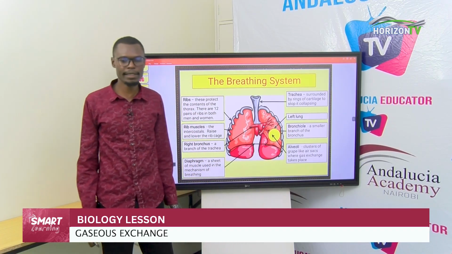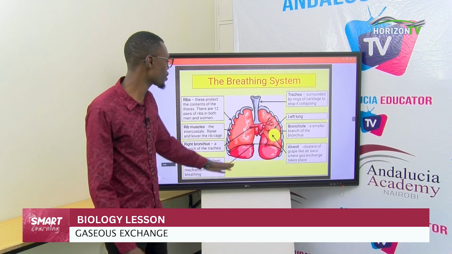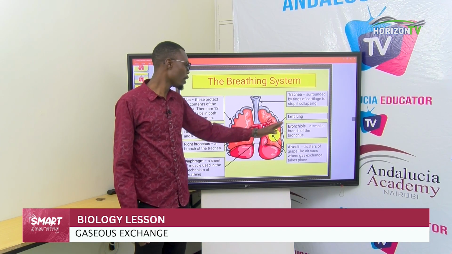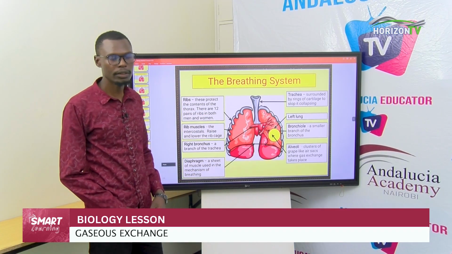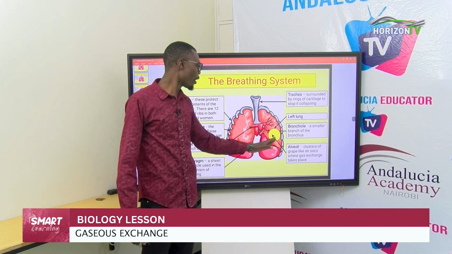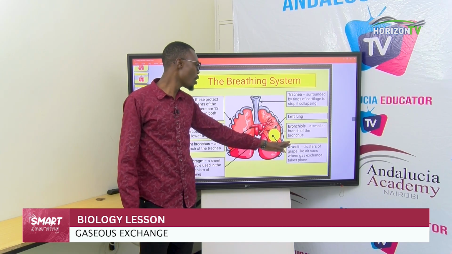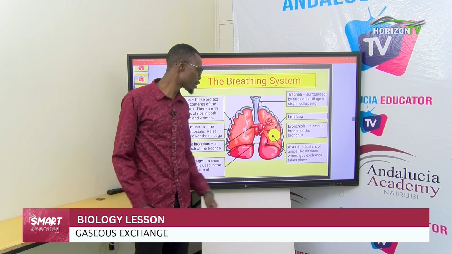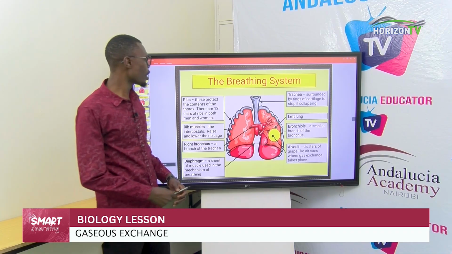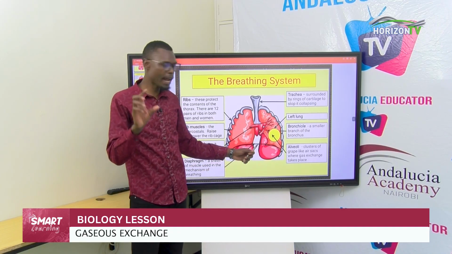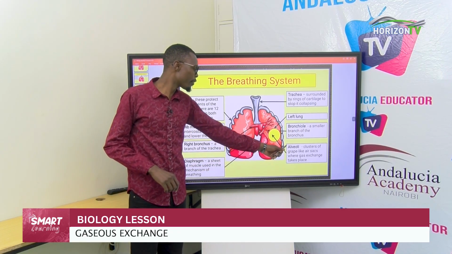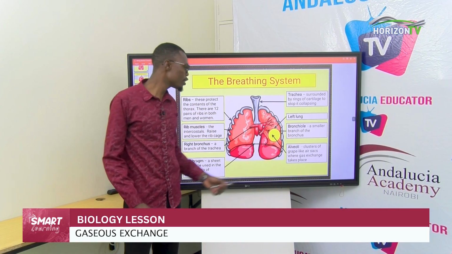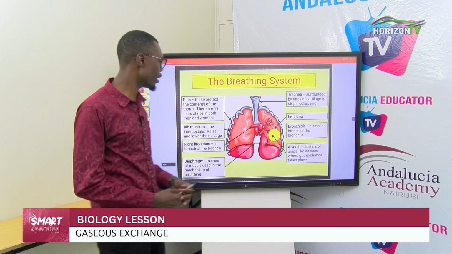Therefore, oxygen gas will diffuse from the alveoli into the blood. Then carbon dioxide will have high concentration in the blood, and the concentration gradient causes it to diffuse from the blood back to the alveoli.